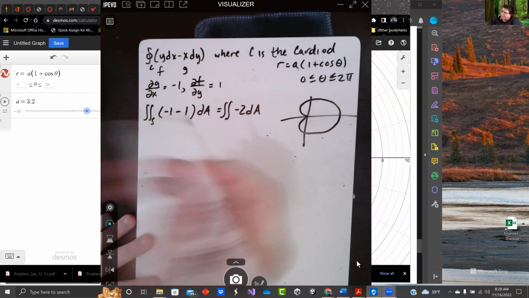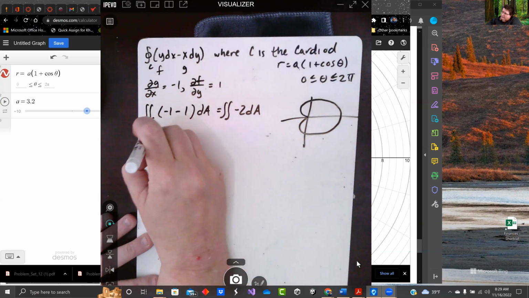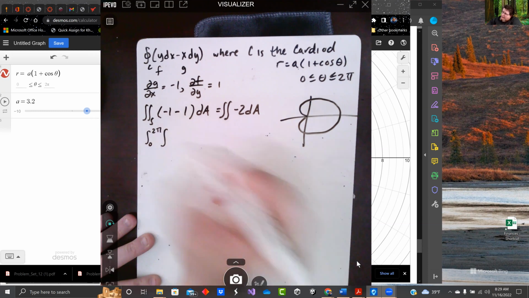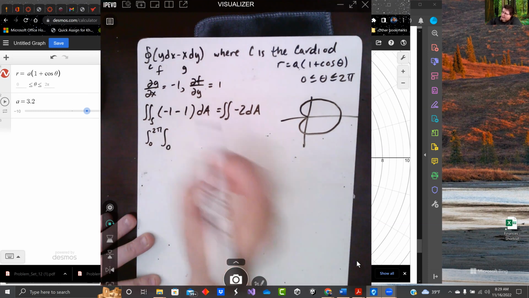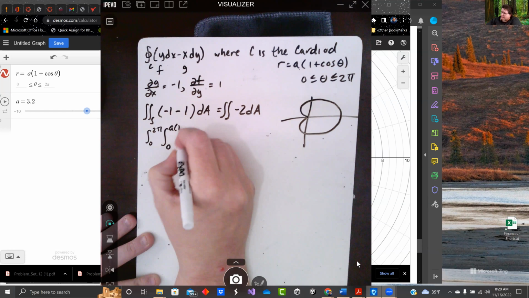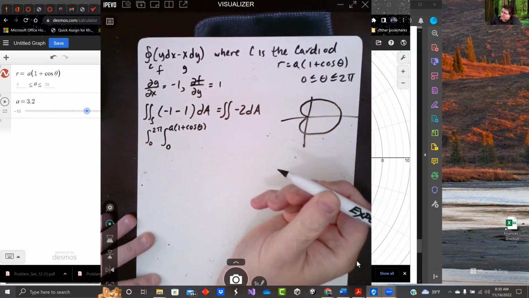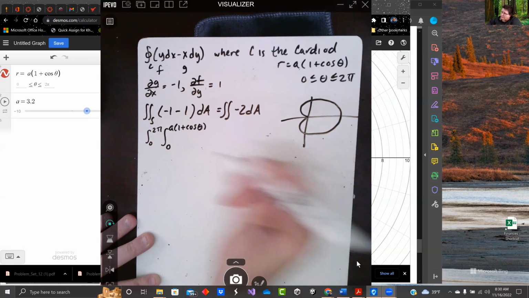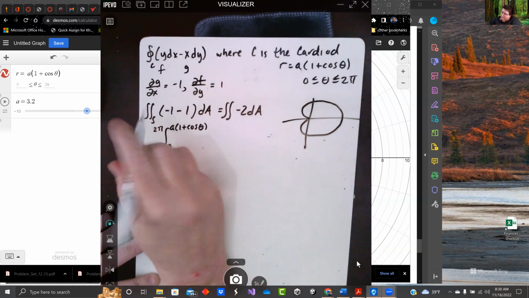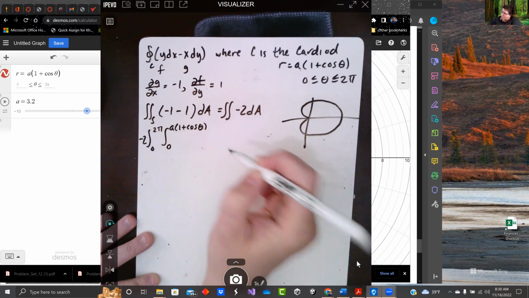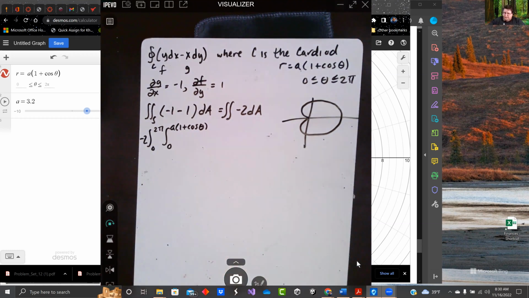So if we switch to polar, it's 0 to 2 pi, and r goes from 0 to a times 1 plus cosine theta. I'm going to put the -2 out front. And my dA in polar is r d theta.